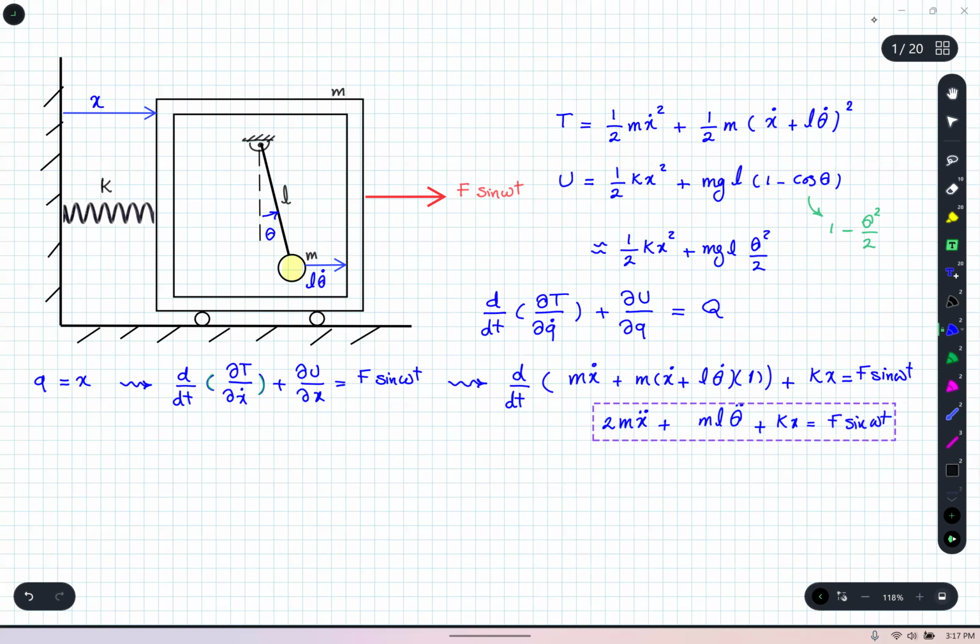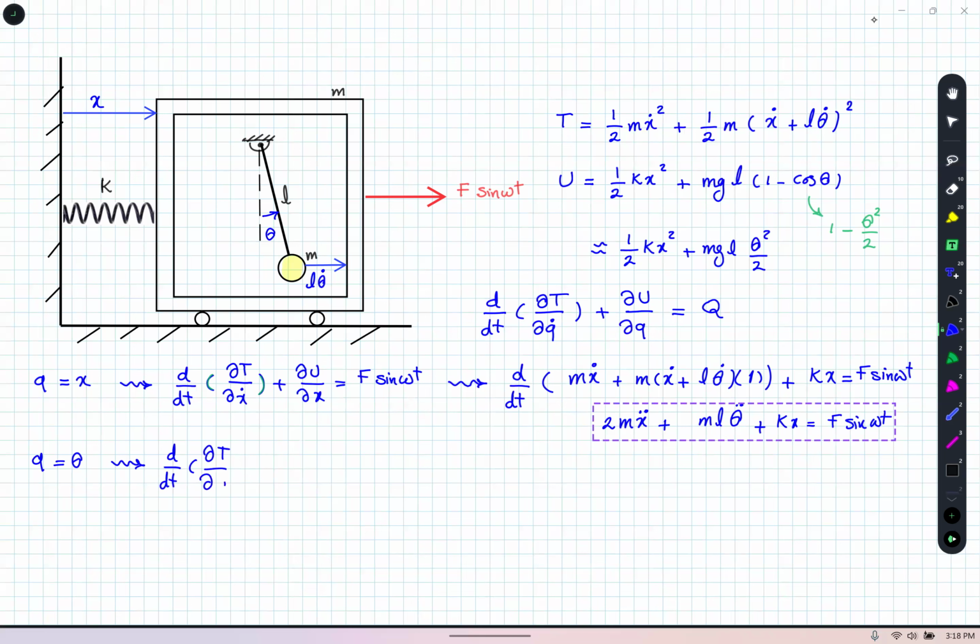Now I repeat the same, this time q equal to theta. My equation will be the derivative of T, the partial derivative of T with theta dot, and the derivative of U with theta. I don't have any load, so it's equal to 0.